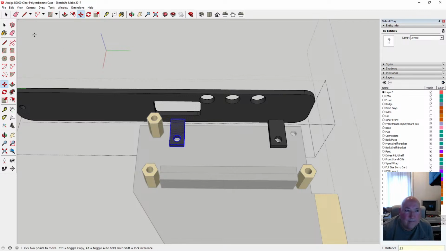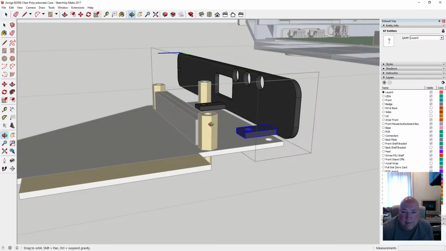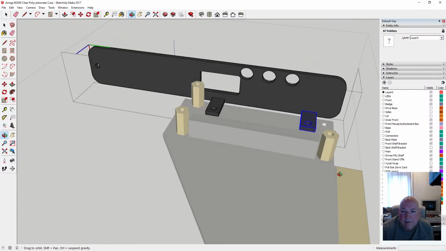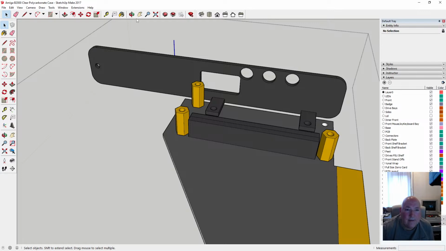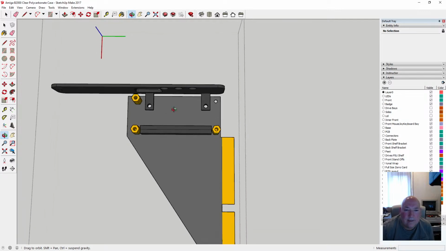0.25. Make sure I haven't grabbed anything else. No. Right, we're getting there slowly. 0.25. Right, everything there. Now that should be all, yeah, good.